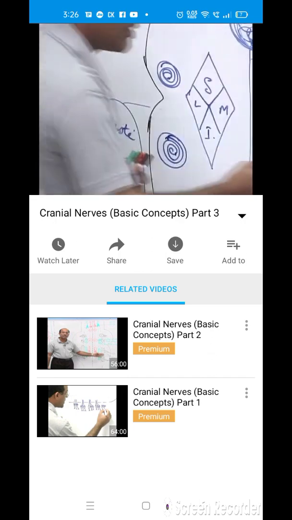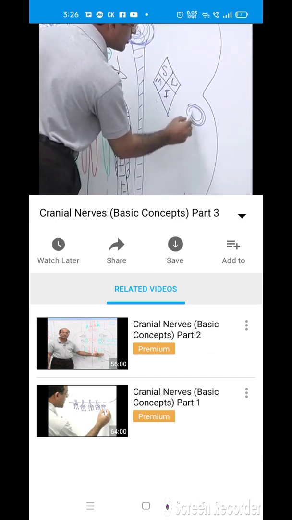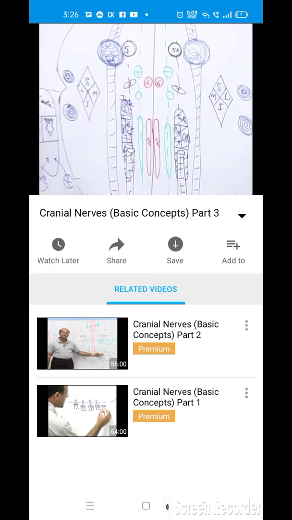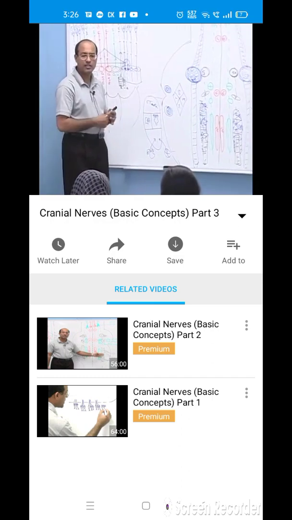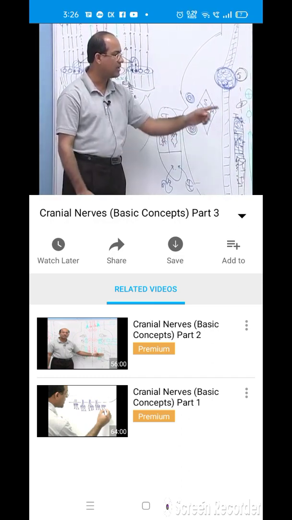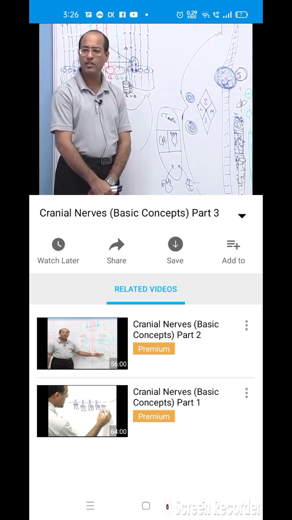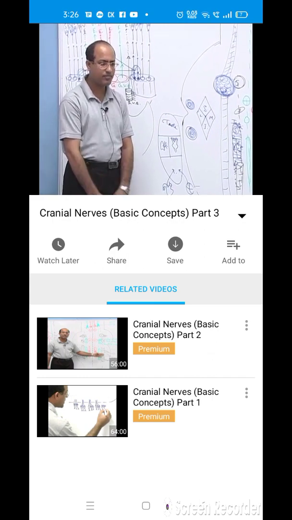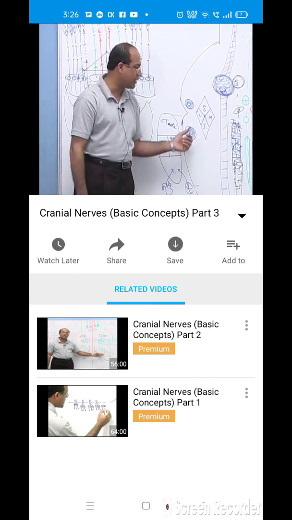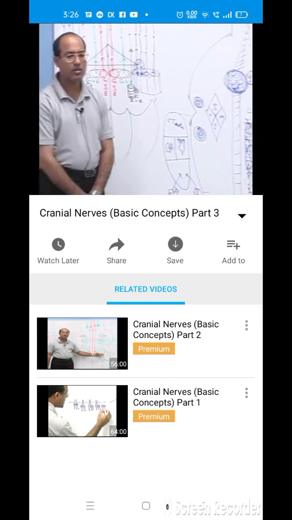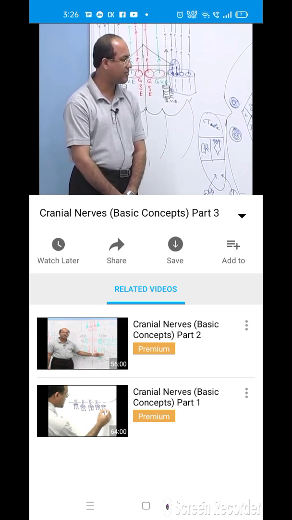The ventral cochlear nucleus and dorsal cochlear nucleus are most laterally present, and they are concerned with the reception of auditory information. Is it clear to everyone? Ventral and dorsal cochlear nuclei. Any question up to here?